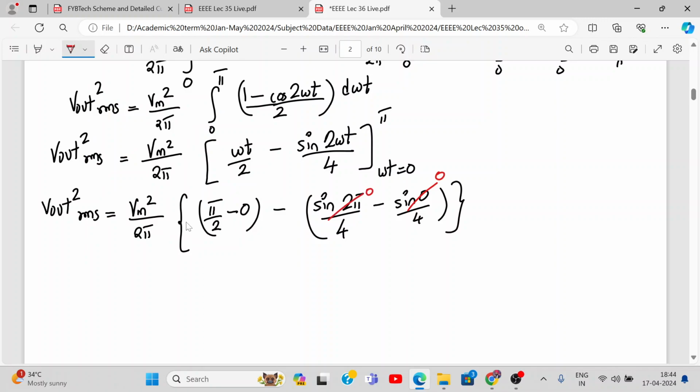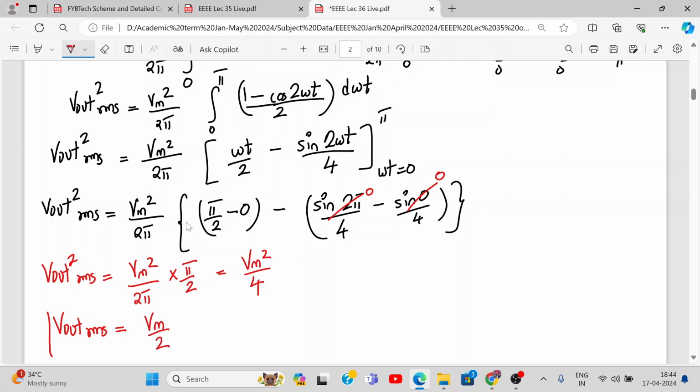So what are we left with? V out square RMS is Vm square upon 2 pi into pi by 2. Okay, this is Vm square by 4. So what is V out RMS? Vm by 2, correct? And that is exactly the formula.